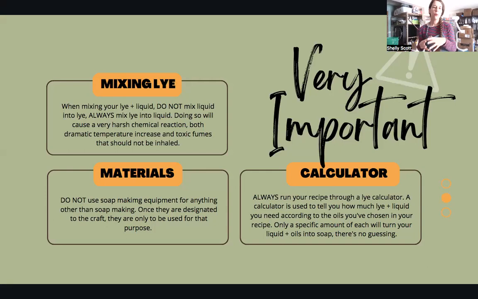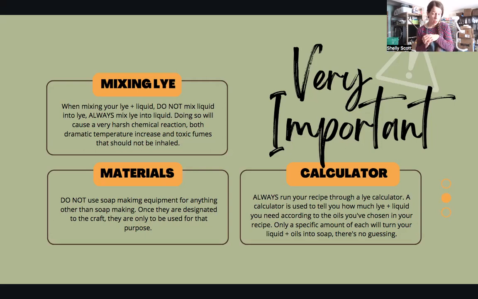Some very important things when we are going into the process of soap making. Sodium hydroxide, the top left box, mixing lye. When you're mixing lye and liquid, we do not mix liquid into lye. You always want to mix lye into liquid.